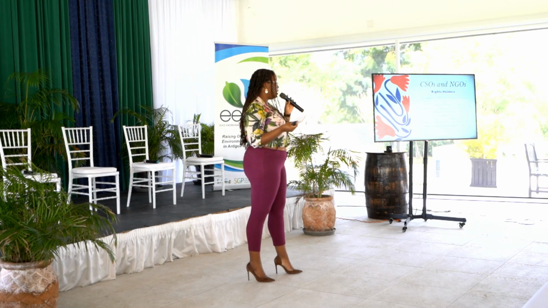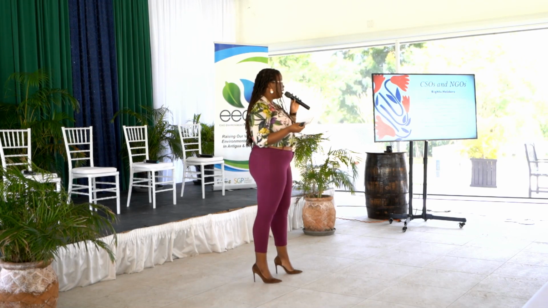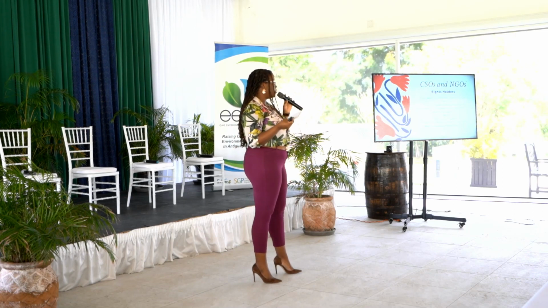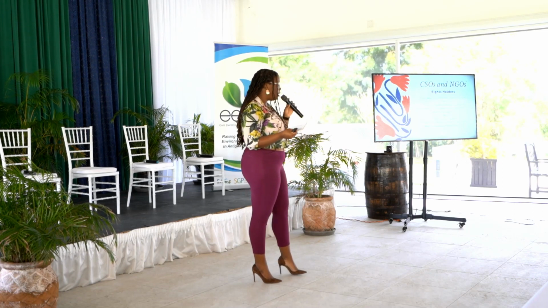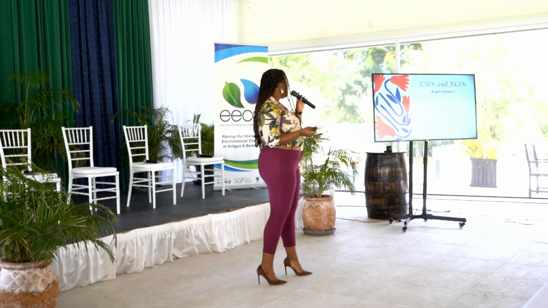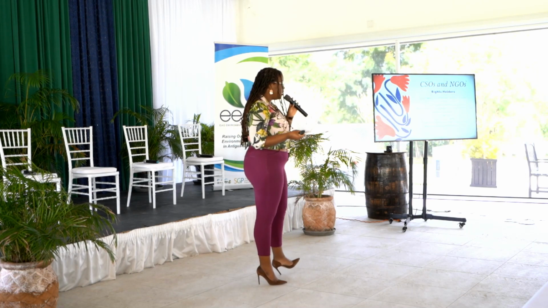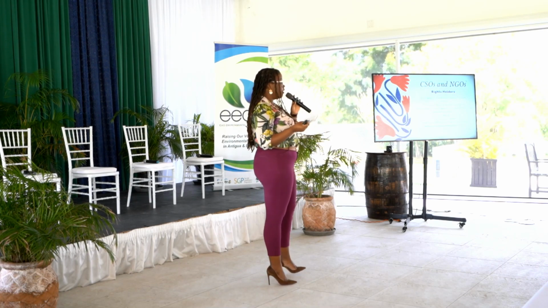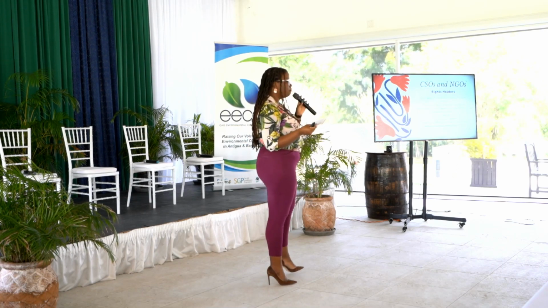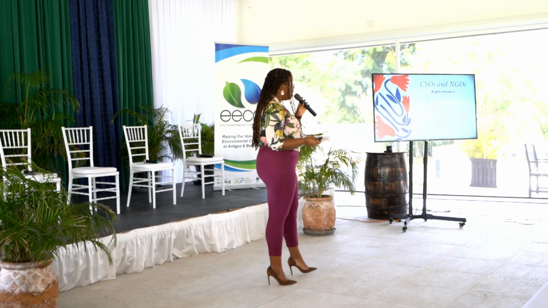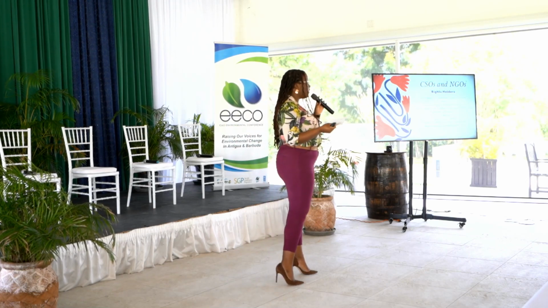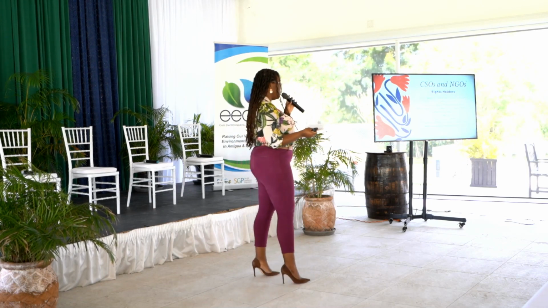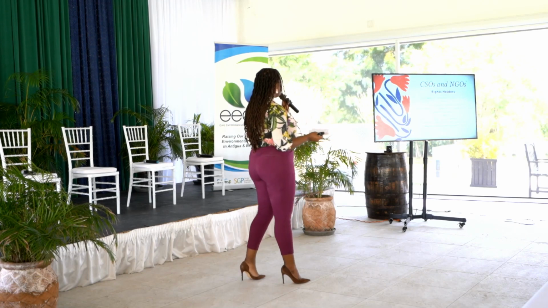And the Escazu Agreement states that state parties must provide specialized access to these persons. If they're not literate, you must sit down with them and go through the document. If they can't afford to buy the document, you have to give it to them for free or at a reduced cost. If they can't afford a lawyer, you have to provide that at a reduced cost, because this is the only way you're going to be able to provide justice to them.